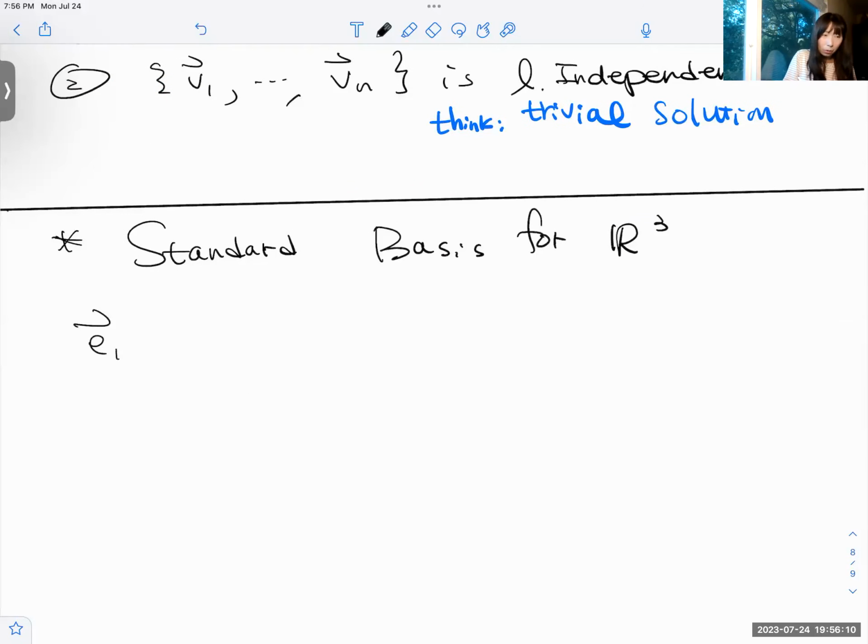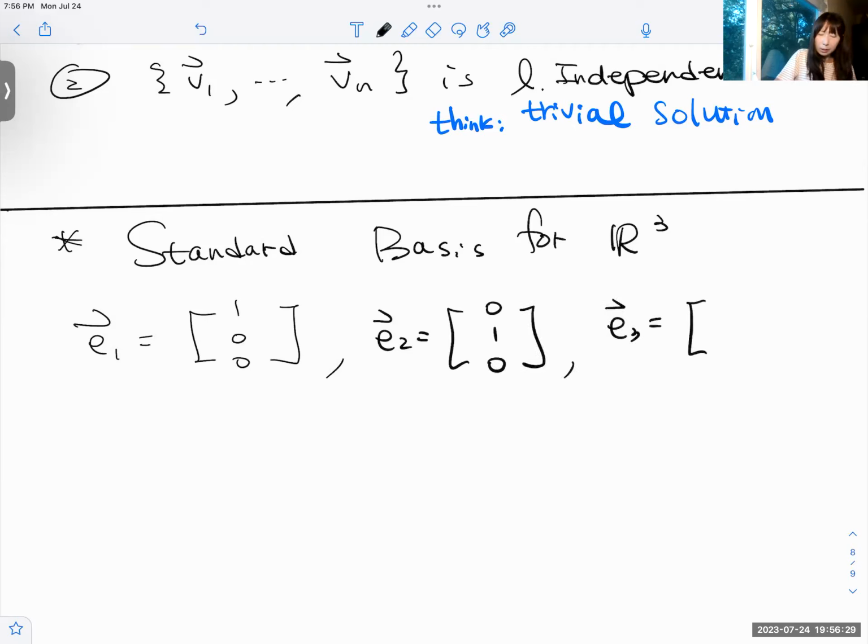So we have E1, which is (1, 0, 0), E sub 2, which is (0, 1, 0), and E sub 3, which is (0, 0, 1), right? So we had a 2 by 2 before. This is a 3 by 3, 3 dimension.